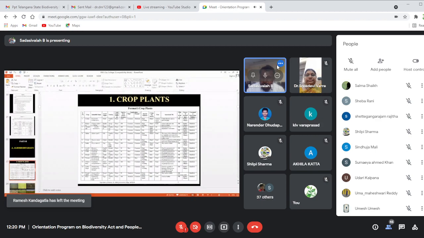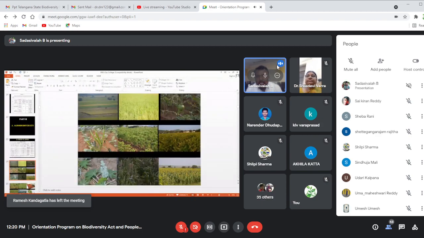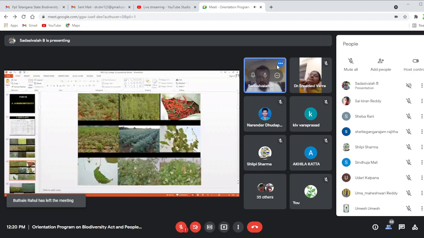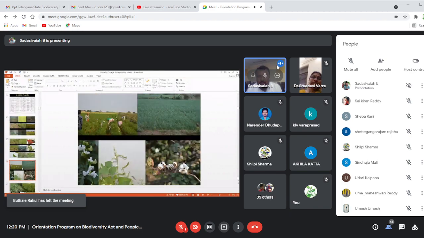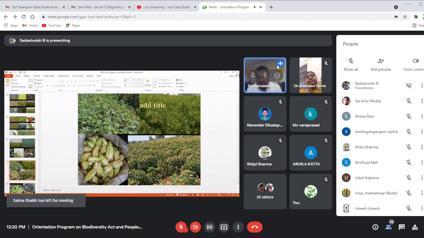And then the second one, you can see so many crop plants here. I am just showing them for your reference. Now you can see here the lady's finger, the very short one with small spine-like structures and white in color. This is the traditional variety which is still cultivated in Mahbubnagar area.